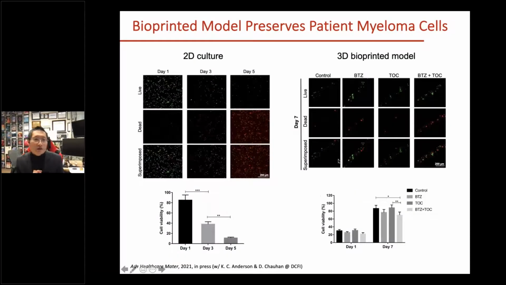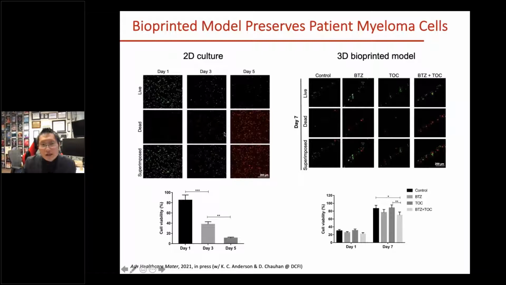So then what's more important is we showed that with the bioprinting of this bone marrow-like microenvironment, you can effectively prolong the preservation of patient-derived primary myeloma cells in vitro. If you have these patient-derived myeloma cells obtained from patients and do two-dimensional culture in the monolayer configuration, the cells are pretty much dying away very rapidly, right?